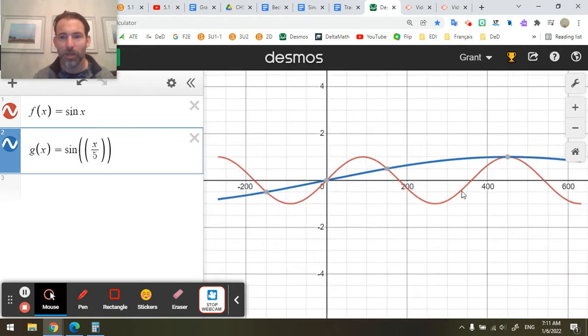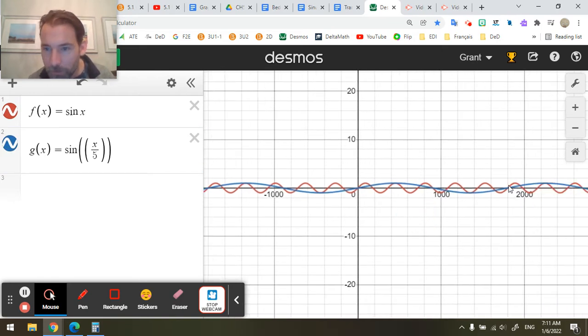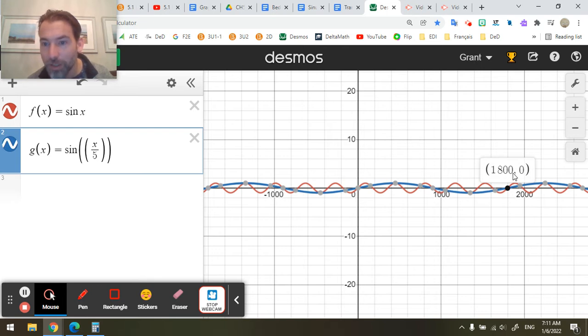Okay, if we zoom out, we would see that we have to go through 5 full cycles to get to 1,800. See the period, 1,800? There's that number, 5 full cycles. 1, 2, 3, 4, 5 full cycles of the parent function before we get 1 full cycle of this transform function that's x over 5.